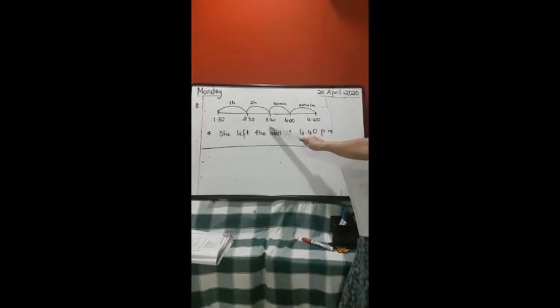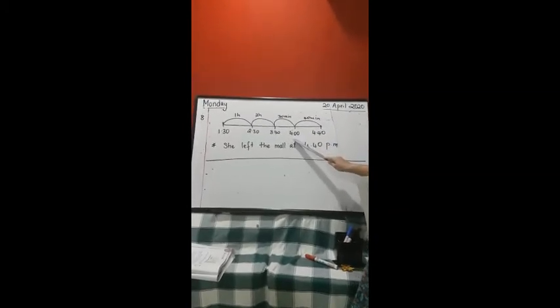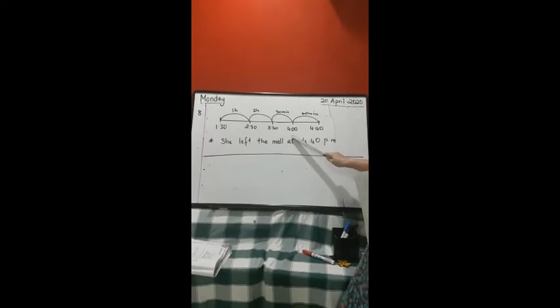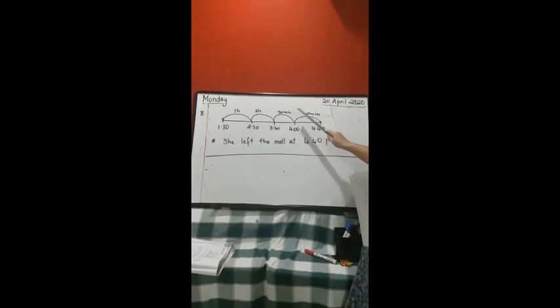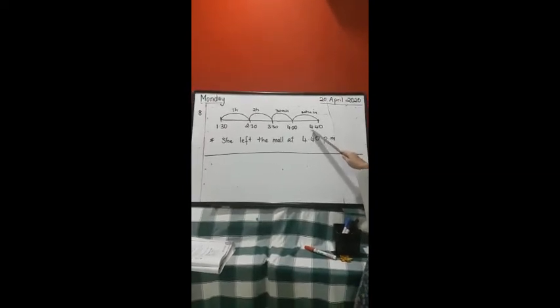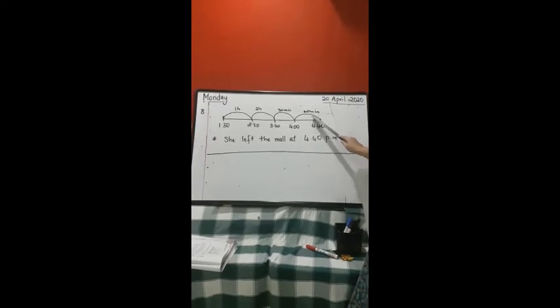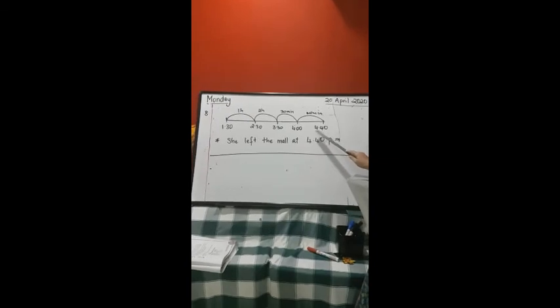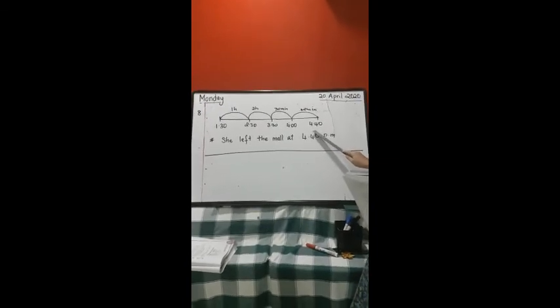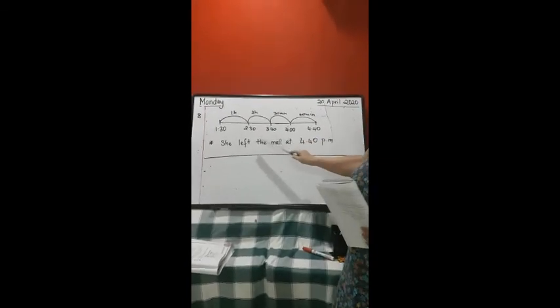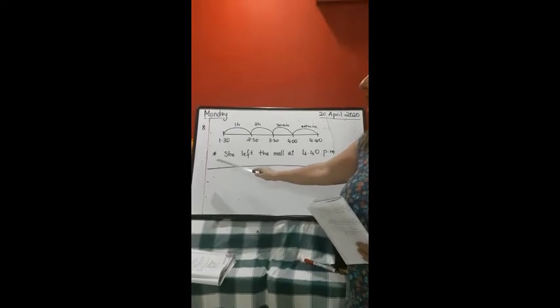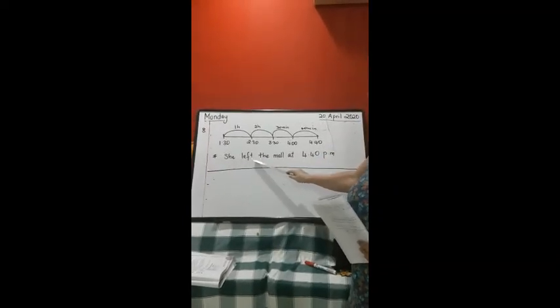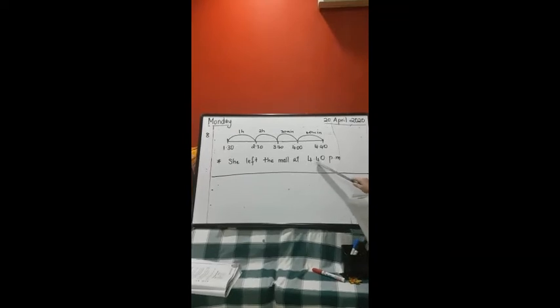Right? 3:30 plus 30 minutes is 4 o'clock. Alright, and then you have to add some more 40 minutes because she spent 40 minutes in the cafe. So 4 o'clock plus 40 minutes is 4:40. Right? So, what time did she leave the mall? Statement. She left the mall at 4:40 p.m.